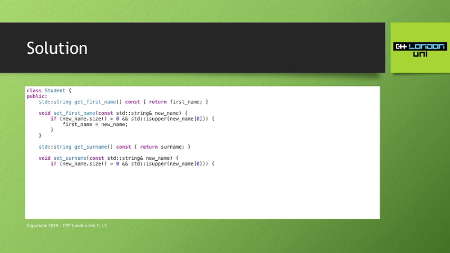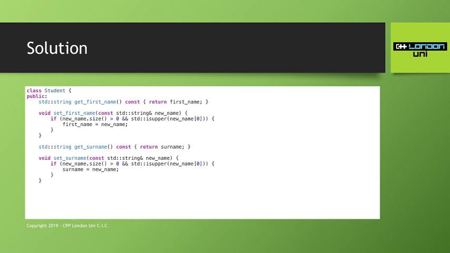And then we have exactly the same code for get surname and set surname. Again, we're doing exactly the same thing, making sure that the new string we've been given is not empty, or that its size is greater than 0, either way around. And checking that the first character, the one in position 0, is an uppercase character.